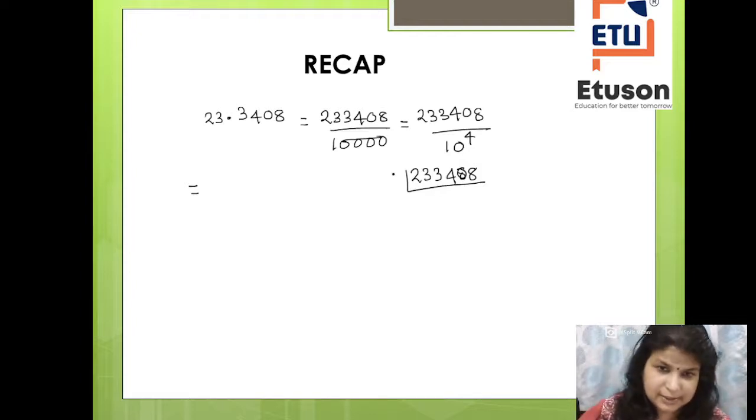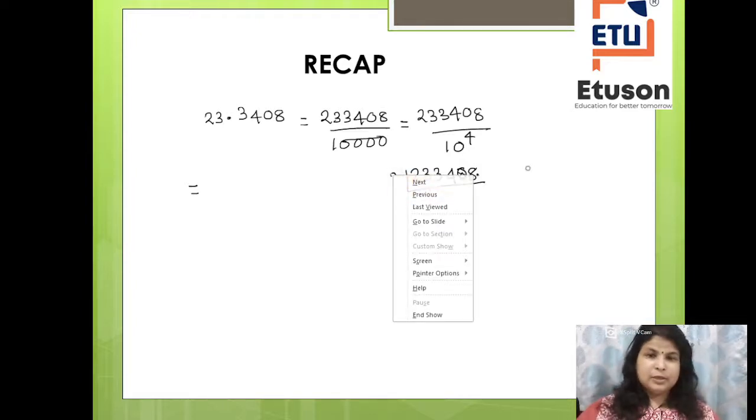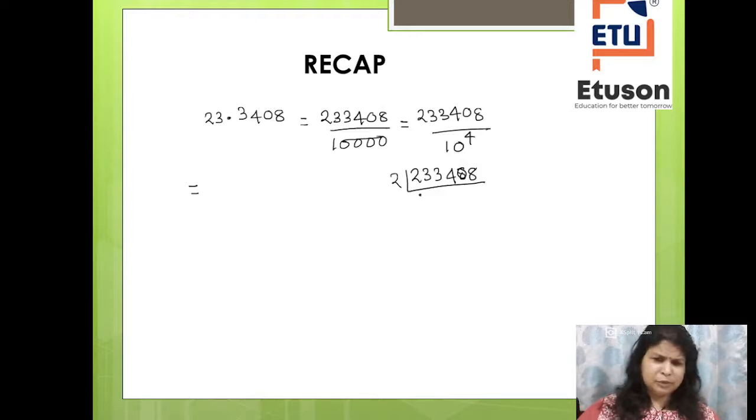As we can see, it will be divisible by 2. You divide it by 2 and you will get 116704. Again it is divisible by 2, so you have 58352.